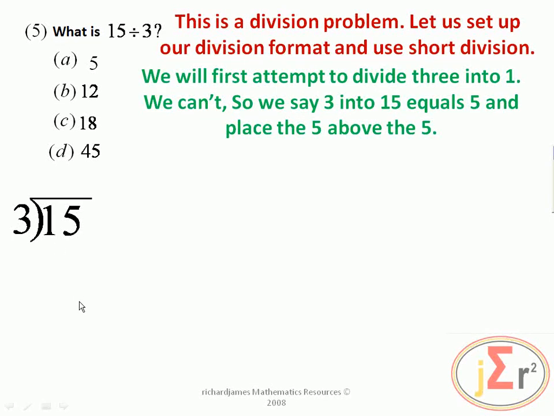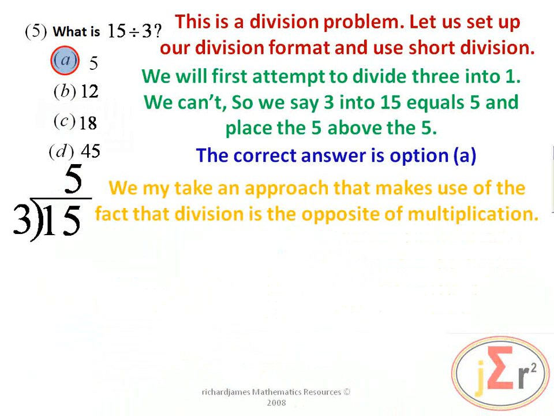Then say 3 into 15 goes 5 times, and the answer will contain a 0 and a 5. But because in a whole number, leading zeros do not affect the value of a number, we can go straight ahead without including the 0 there. The correct answer is option A.